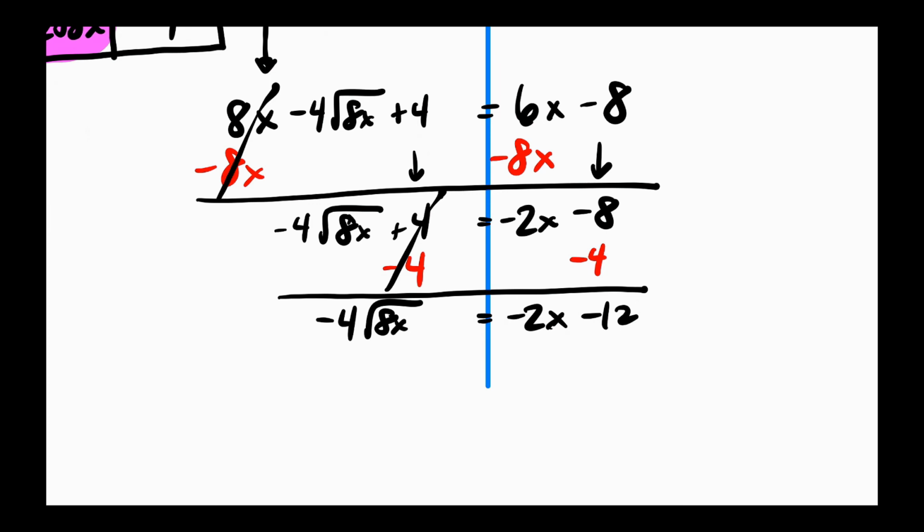Okay, so again, early on, I would divide by 4 here, right? Negative 4. But when I divide by negative 4, it's going to make fractions. So I'm going to do that later. So instead of that, I'm going to square it now, square both sides now.